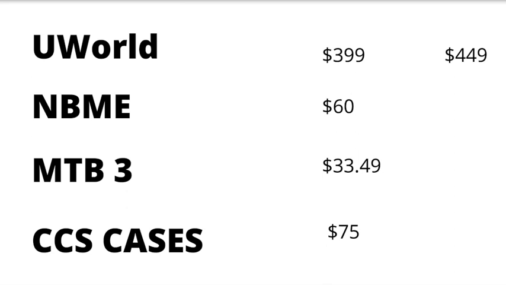Also, because biostats is so prevalent on the exam, a lot of people also purchase the biostats offered by UWorld for an additional $25. And on to the NBME practice tests. So each NBME costs $60. And it's up to you whether you want to purchase 1 or 2. But for the USMLE Step 3, 2 NBMEs are available.